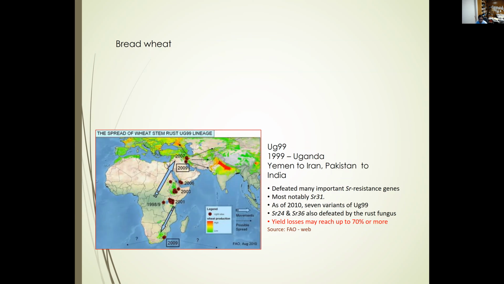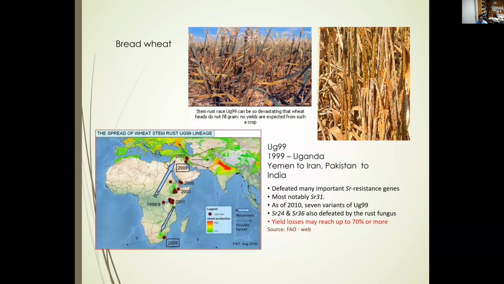It's spreading through the wheat belt, the wheat-growing areas around the world. It's going to Yemen, then Middle Eastern countries, heading towards the Indian subcontinent. But it's still holding. The breeders are trying to pyramid a number of resistance genes in the wheat background.